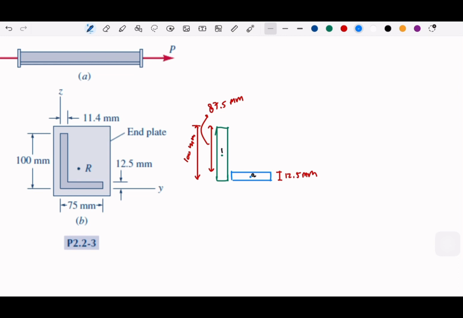We have 75 at the bottom part. Let's say that it's 75, but here we have 11.4, right?